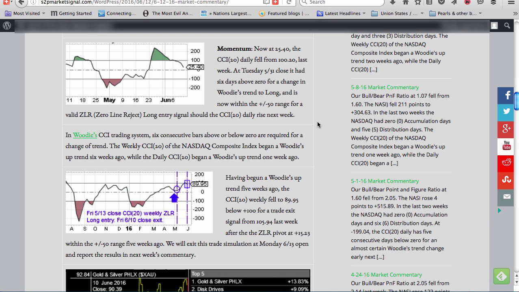The weekly CCI 20 of the Nasdaq Composite Index began a Woody's uptrend 6 weeks ago, while the daily CCI 20 began a Woody's uptrend 1 week ago.